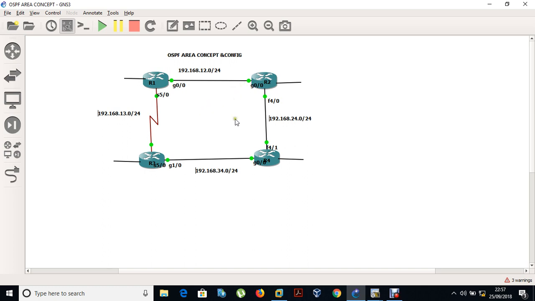So for example, we segment from one area to another, from some routers to other routers, and we put them in a different area. They will still learn the network from each other.